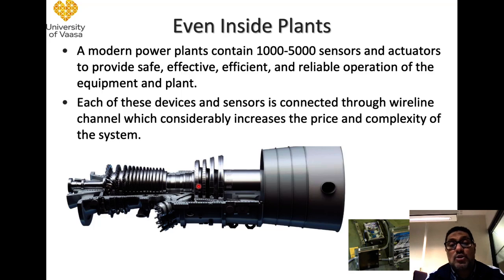But with ultrasonic waves it can transmit a lot of information which can be collected, and so in the future we will have more and more sensors inside the plants themselves.